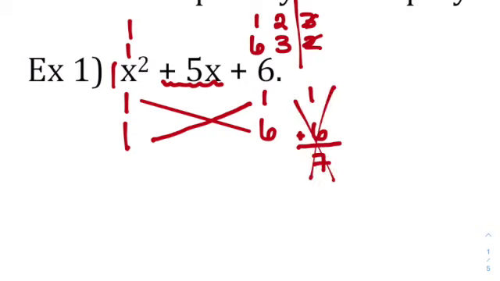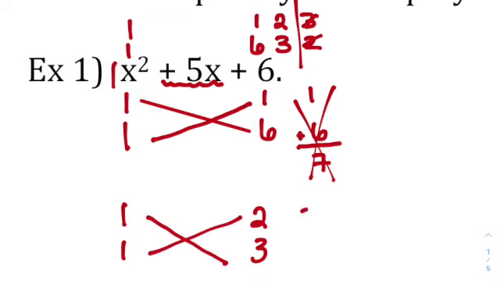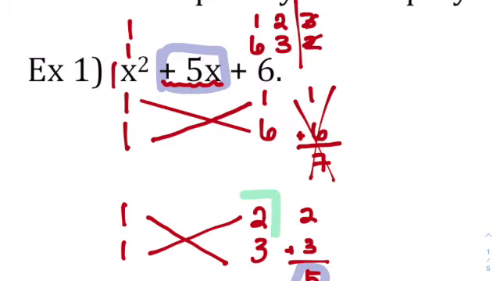But if we do 1 and 1, and I do 2 and 3, and crisscross and multiply, you get a positive 2 and a positive 3. When you add them together, that's a 5. I got the middle number, 5. Then when you multiply the sides, 2 times 3 also equals positive 6.